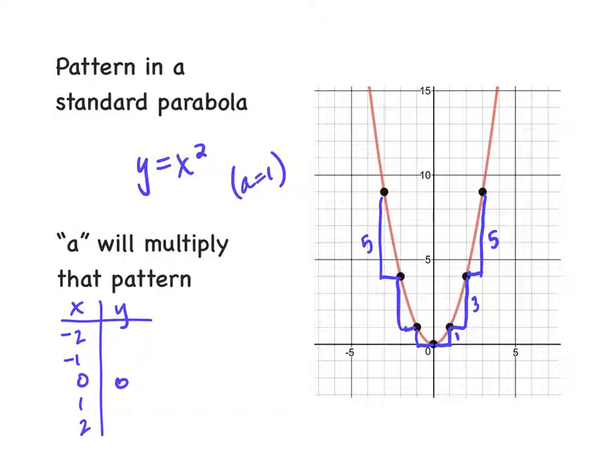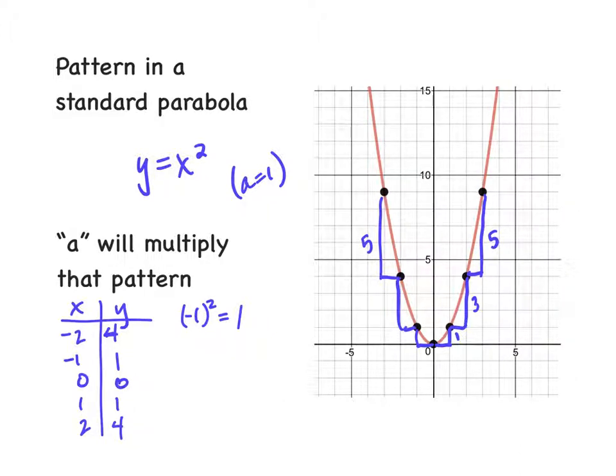So negative 1 squared equals 1, as does 1 squared. Negative 2 squared is 4, positive. That's where these points are coming from. And it just happens to have that 1, 3, 5 pattern.